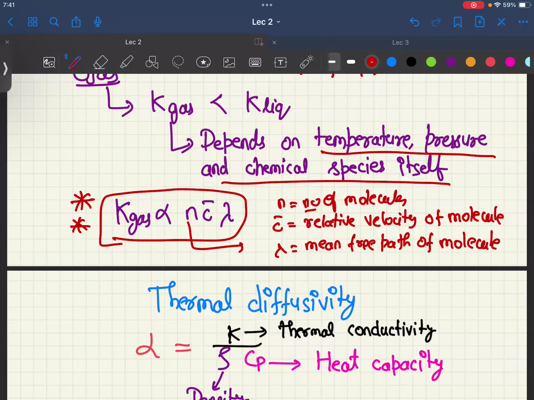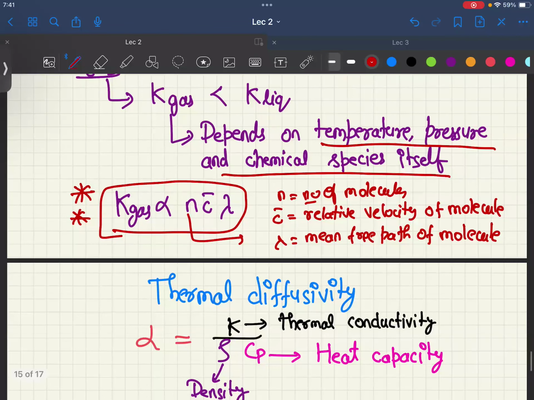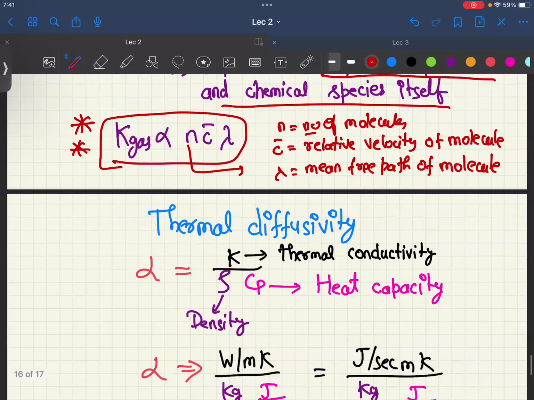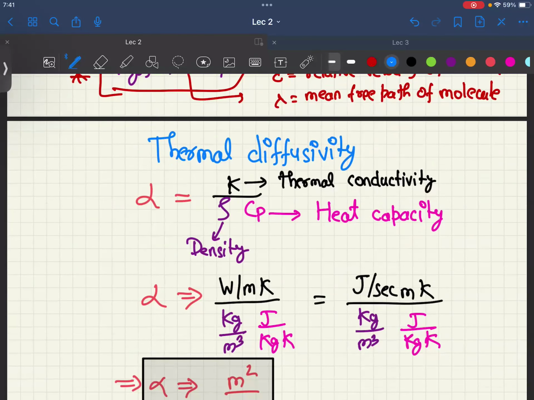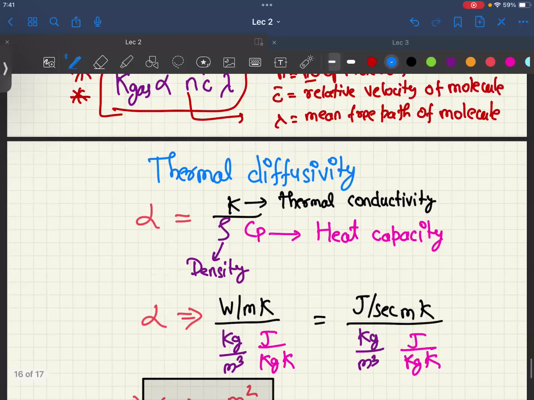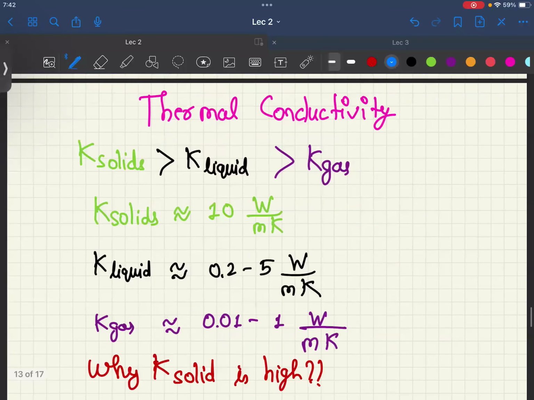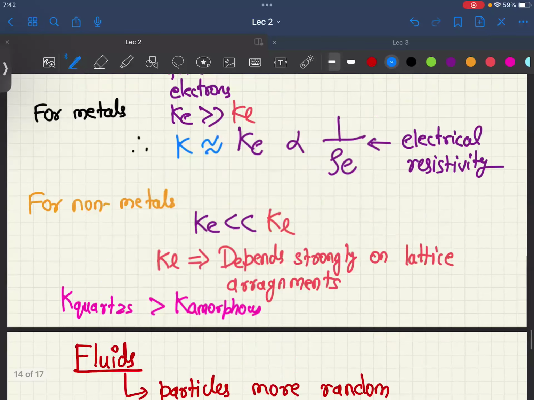Now recall that conduction is the process of energy transfer in the direction of decreasing temperature, which is called thermal diffusion, right? So now here we are defining one other quantity called thermal diffusivity, right? I also said initially that thermal diffusivity is very different from thermal conductivity.